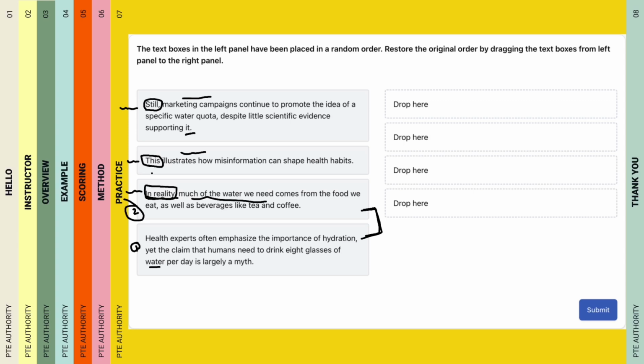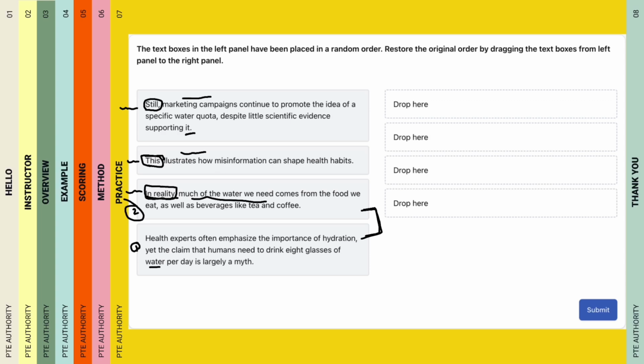Now let's look at sentence 3 and 4. Still, marketing campaigns continue to promote the idea of specific water quota despite little scientific evidence supporting it. This illustrates how much misinformation can shape bad health habits.